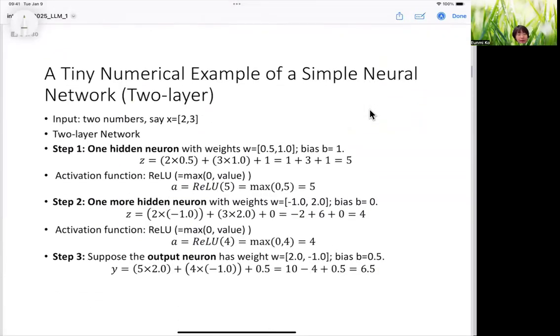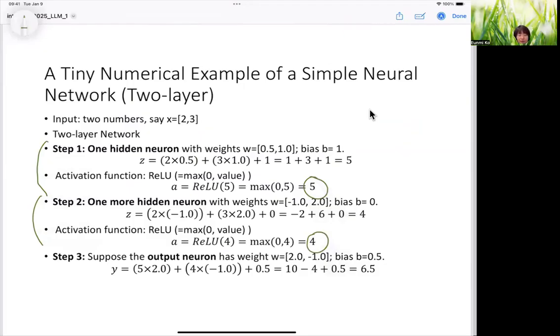Let's take an example of a two-layer neural network. It's exactly the same, but we have two values from these hidden neurons. We have two different hidden neurons, and we will get two different values from them.